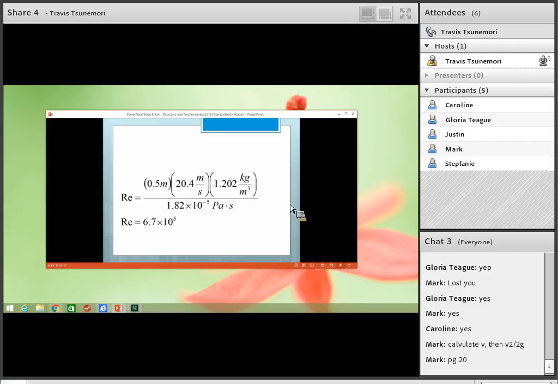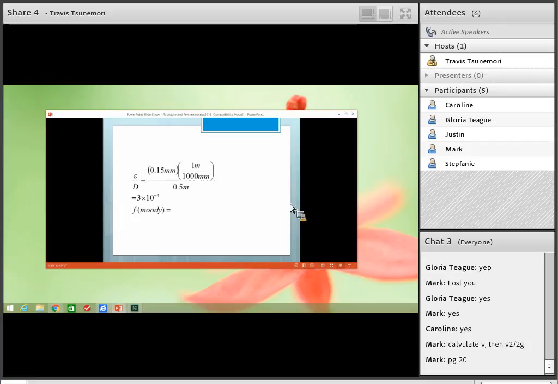So plugging those into our equation for the Reynolds number, we find out that it is turbulent. 6.7 times 10 to the 5 is our Reynolds number. Okay, so now we have to find out our epsilon over d so we can use our Moody diagram. And I think it told us that we had galvanized iron pipe.